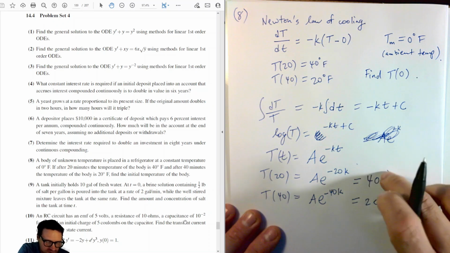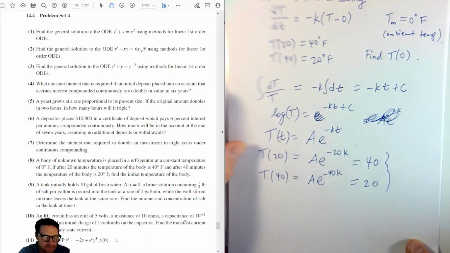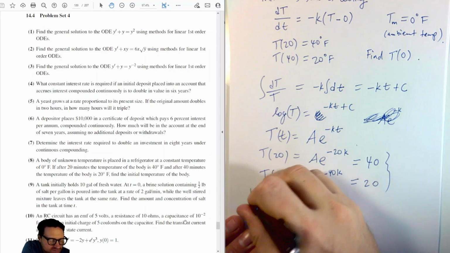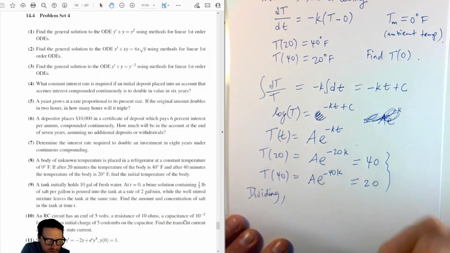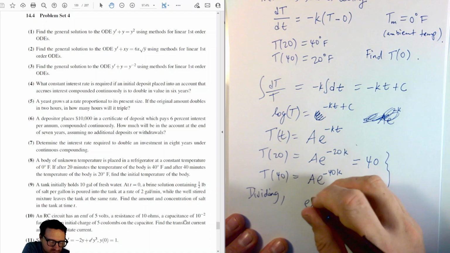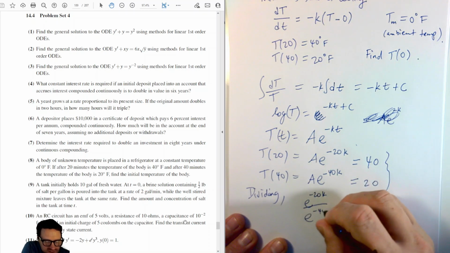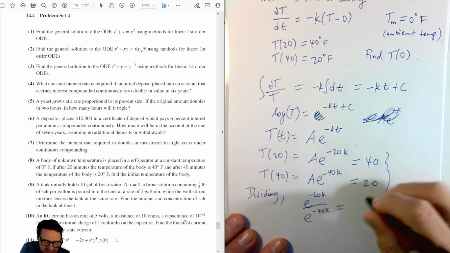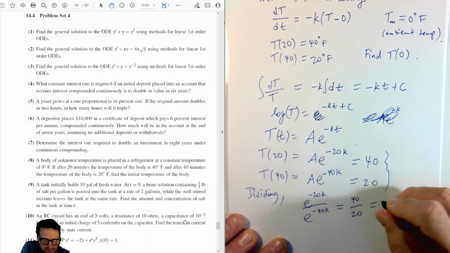Now dividing the first one by the second one will give us a way to cancel that A. So dividing, we then have e to the power of minus 20k over e to the power of minus 40k is equal to 40 divided by 20, which is 2.